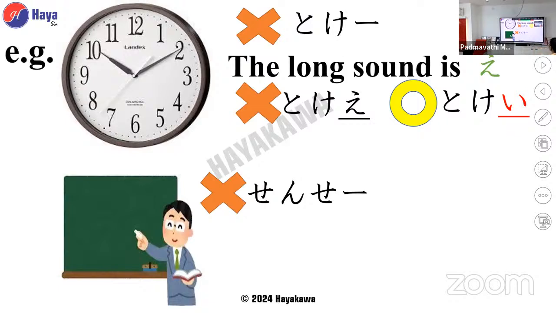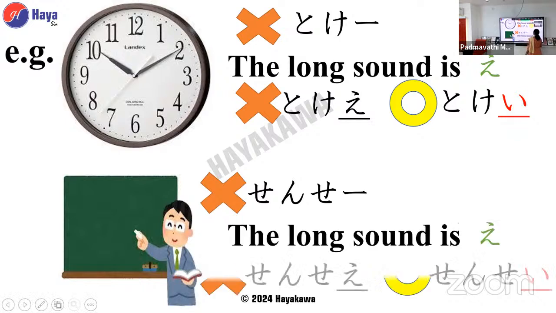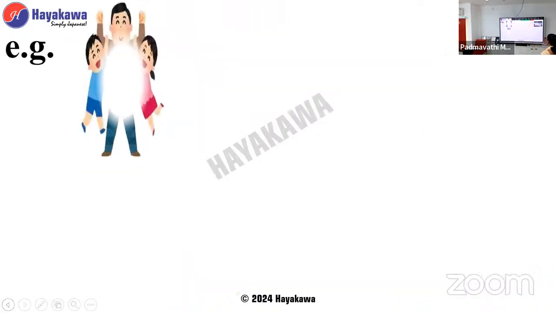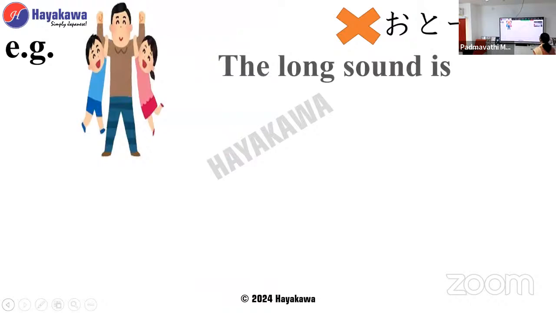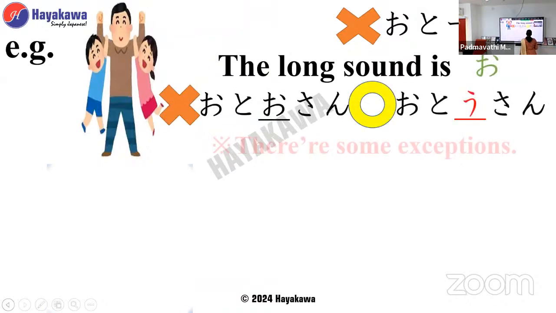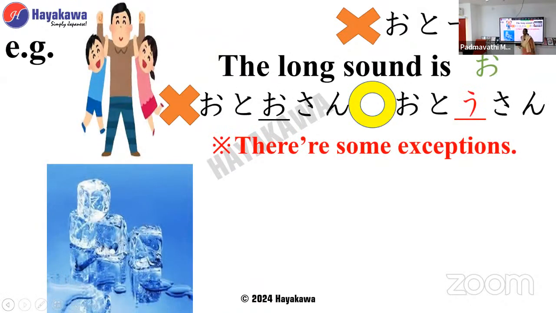Toke. Very good. Sunset. Very good. Sensei. Father. Oto-san. Right.